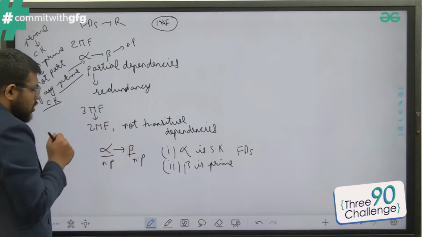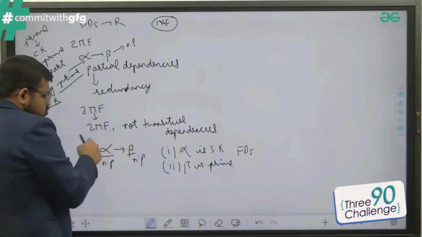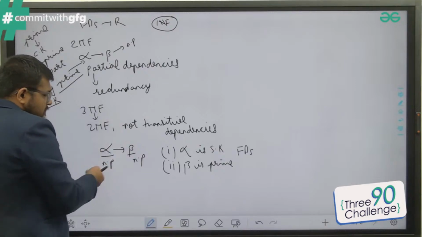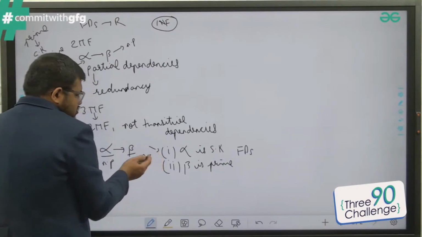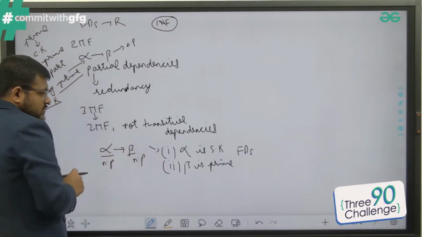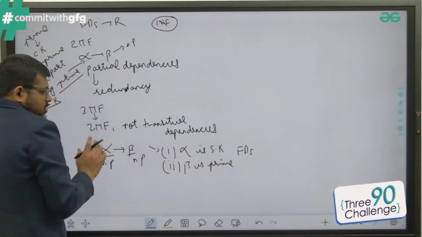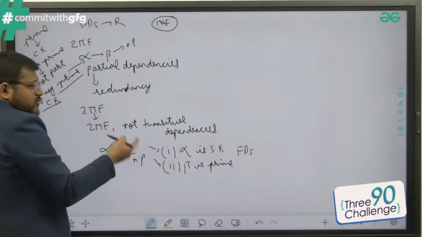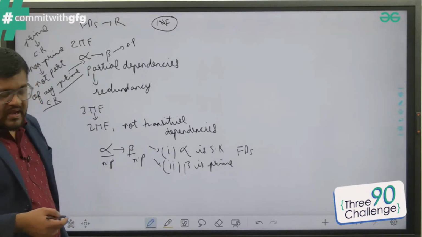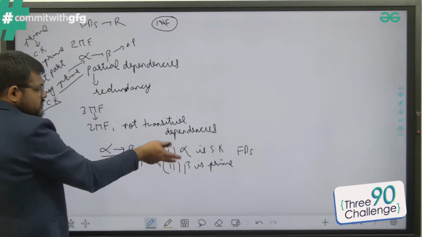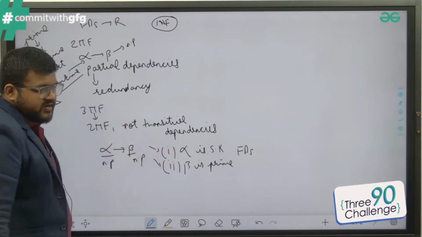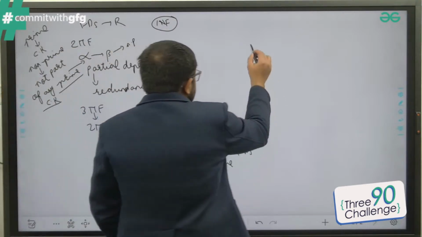So non-prime determining non-prime. If alpha is a super key, it means it is not non-prime. Either this condition is true, or beta is prime, so it is not non-prime. So if at least one of the two conditions holds true for all functional dependencies, then we say that our table is in 3NF.